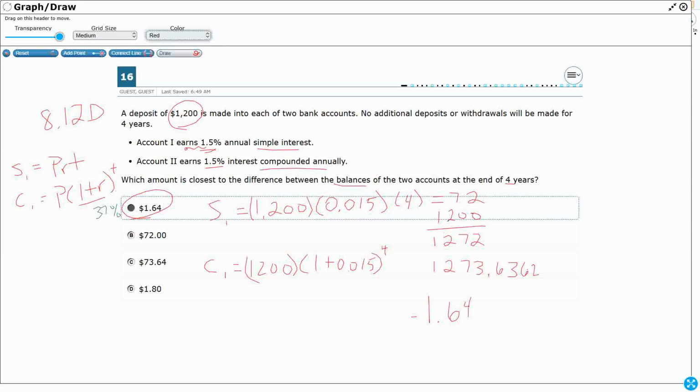We had 30% get B. Now you see where this 72 was, right? 72 was the amount of interest for that first one. So they just grabbed that first interest, didn't know what to do next, and figured that probably is it.